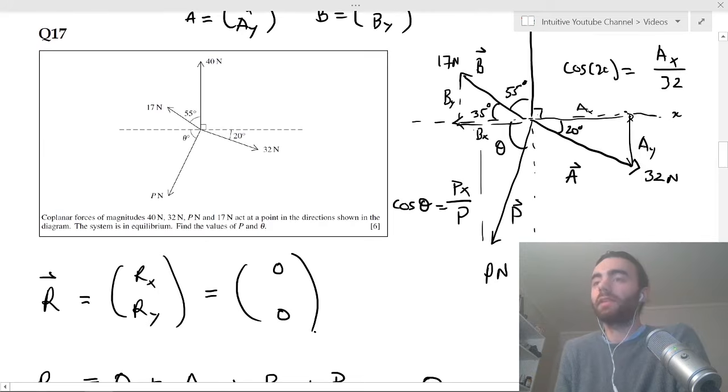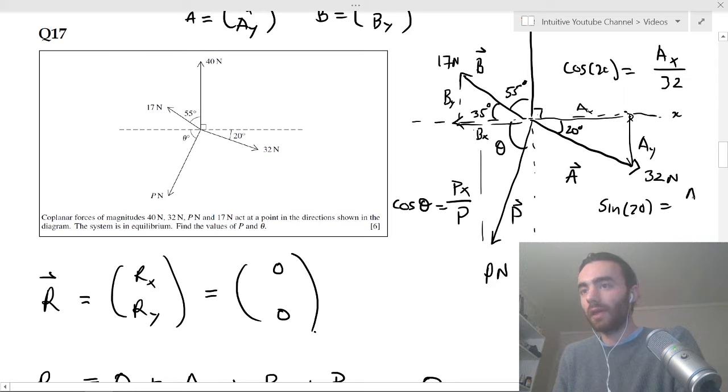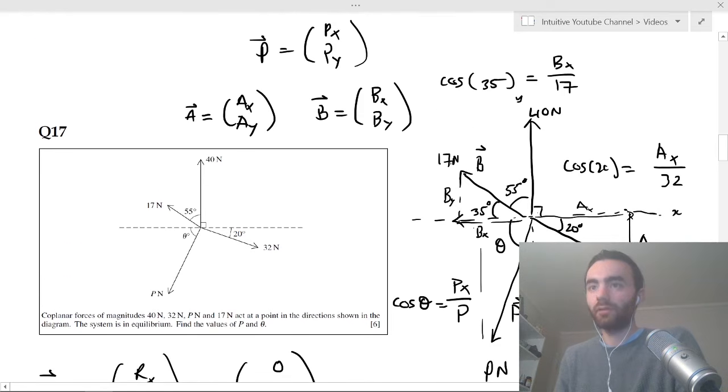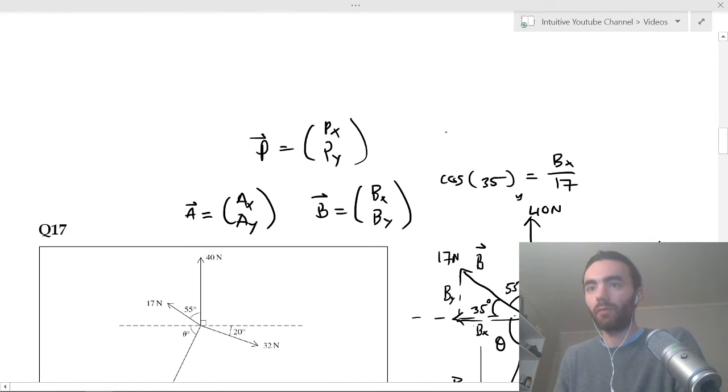Okay, so to find these Ay and By and so on, it's the same thing, but instead of cos, now it's opposite over hypotenuse. So for Ay, we have sine of 20 equals Ay over 32. It's getting a bit messy here, but you get the idea. You're just figuring out these components. You do the same for your By: sine of 35 equals By over 17.